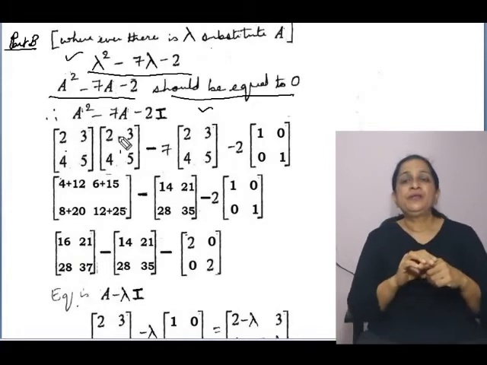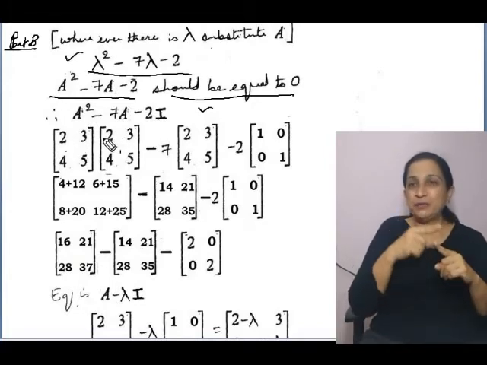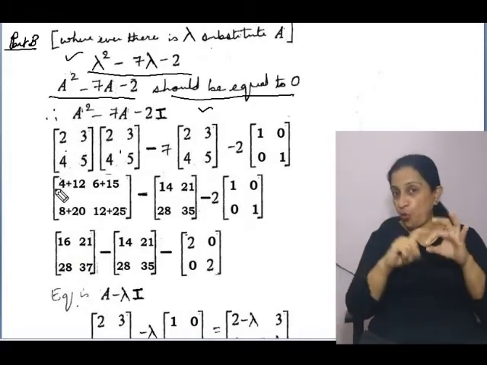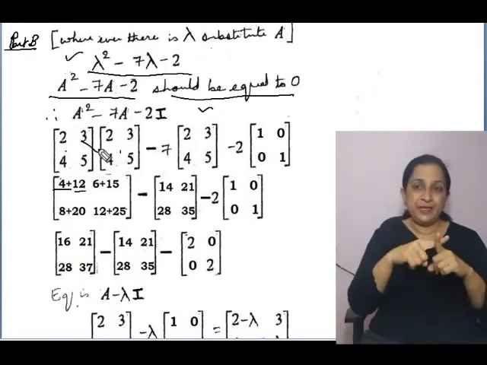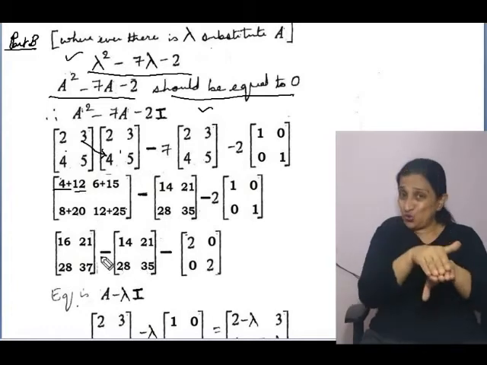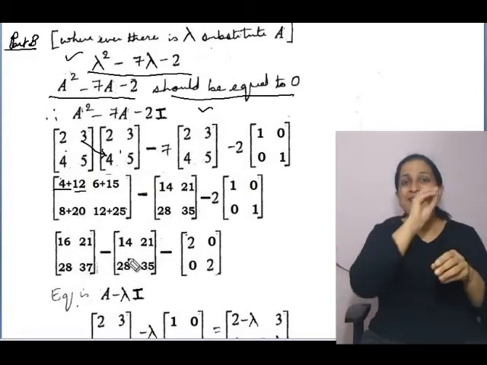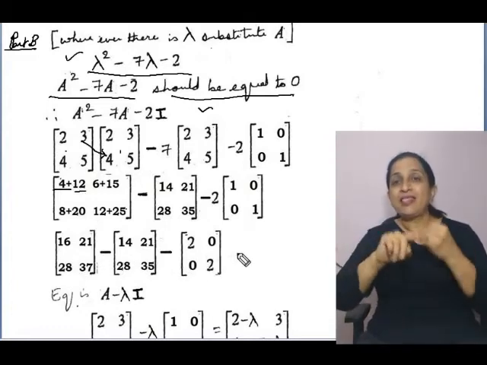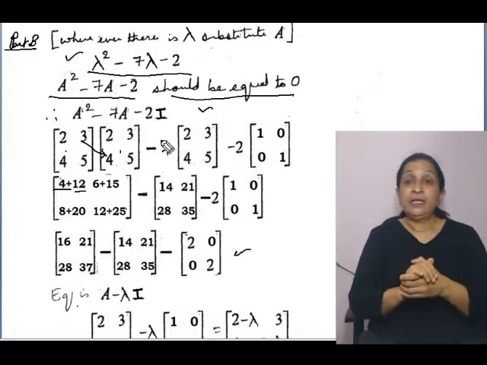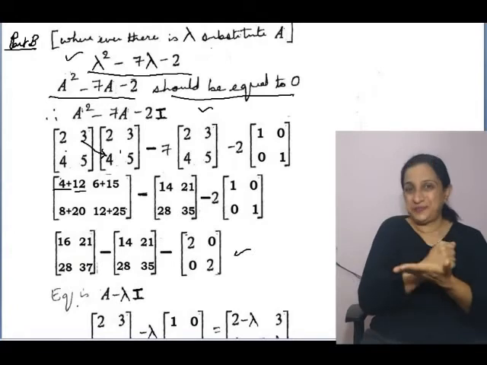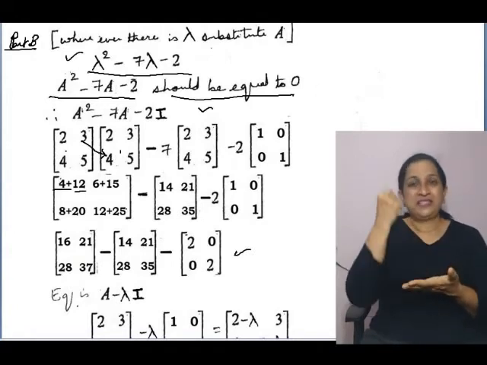A squared, that is this into this you have to do. The method I already told you, 2 into 2 is 4, 3 into 4 is 12, like that you have to find all those. So you finally end up with these values. You try all this for yourselves once, otherwise you will not get the confidence.